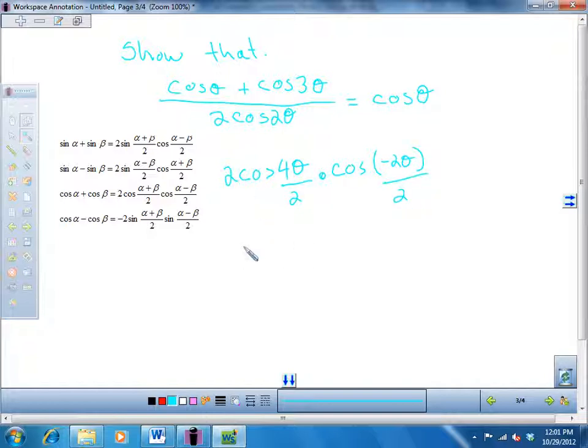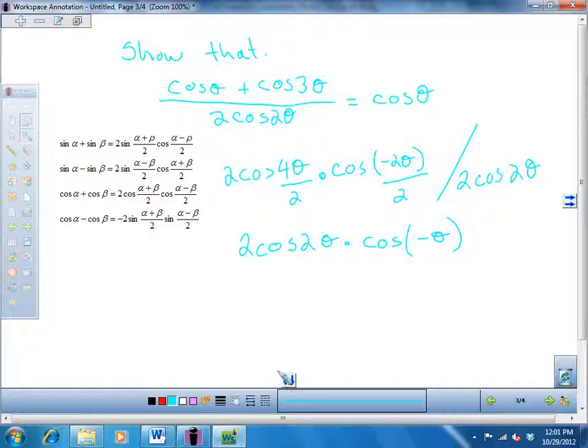And that's equal to, and it's still all over this, over 2 cosine 2 theta. And so now when I rewrite, I get 2 cosine 2 theta, because that's 4 theta divided by 2, times cosine of negative theta, because that's negative 2 theta divided by 2.